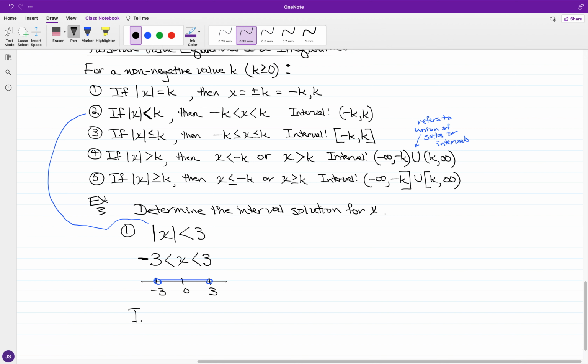And so in the case of the interval solution, you have between negative and positive 3. Neither value is included, so we're going to have exclusively the use of parentheses.